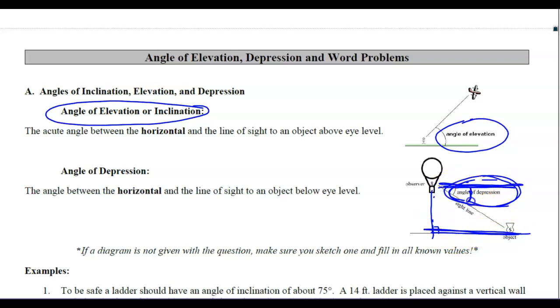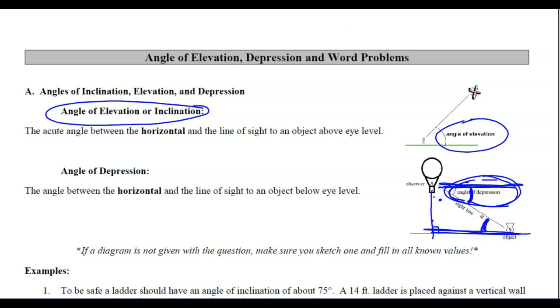So this angle of depression here is the same as this angle over here. Parallel lines with a transversal going through make these two angles equal. And so then it's in your triangle and you can use it. Or you could subtract from 90 to get this angle, but I don't typically do that. I just use that property that if you have parallel lines, these are called alternate angles and they're equal.